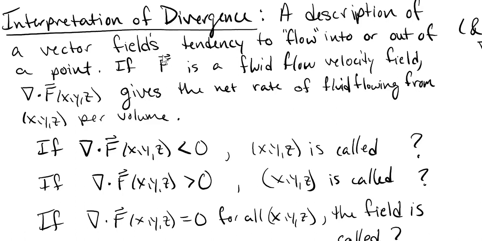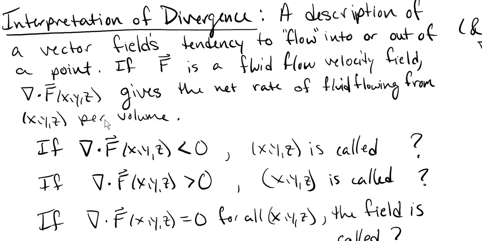So if this field represents a fluid's velocity flow, then the divergence, not gradient, the divergence at a point xyz gives the net rate of fluid flowing from this point per unit volume around that point.